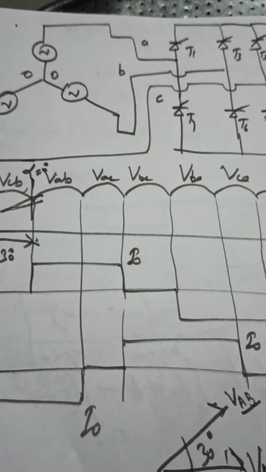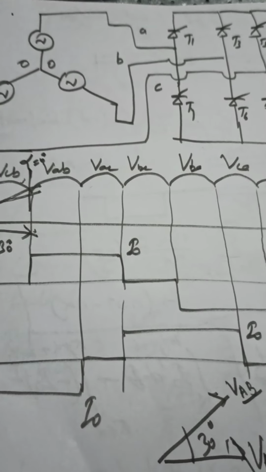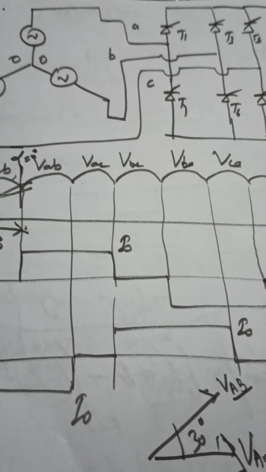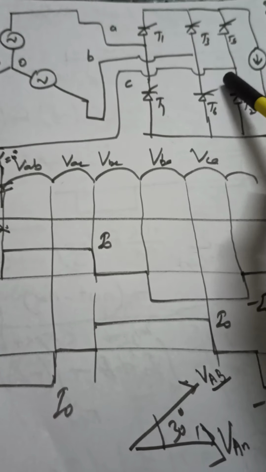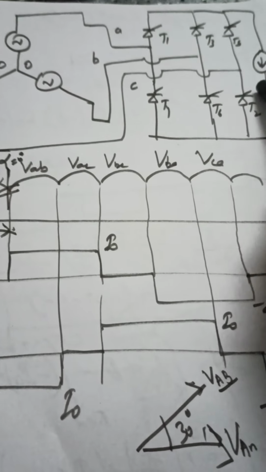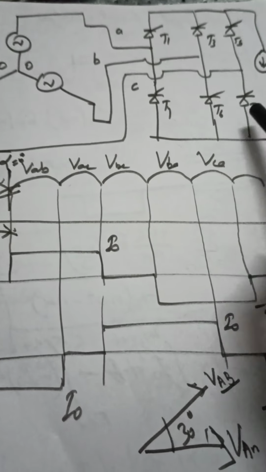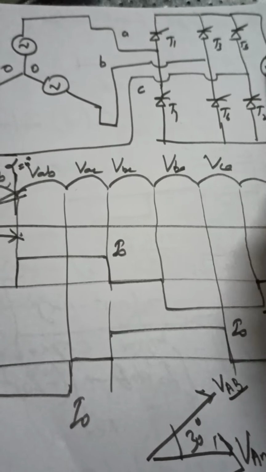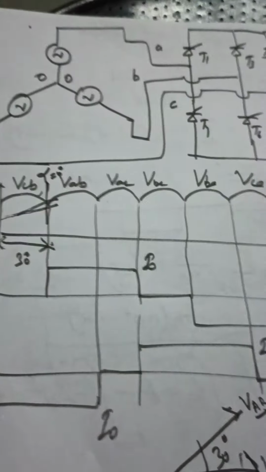Now, if we are getting a voltage VCA, then obviously the switch in the upper leg of C will conduct, and the A part is T4. So C, A, it will go, and from T4 it will enter the source.